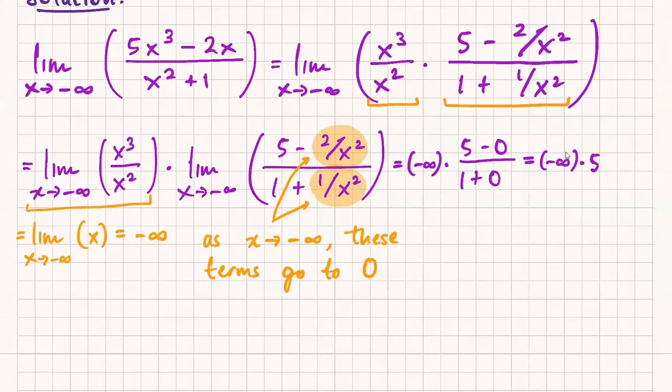Keep in mind, infinity is a special symbol, and you have to think about what this symbol means. The negative infinity symbol means an arbitrarily large negative number. So Alex says, isn't it still just negative infinity? That's correct, right? If I have an arbitrarily large negative number and I multiply it by 5, what do I end up with? Another arbitrarily large negative number, right? And that we abbreviate by negative infinity.